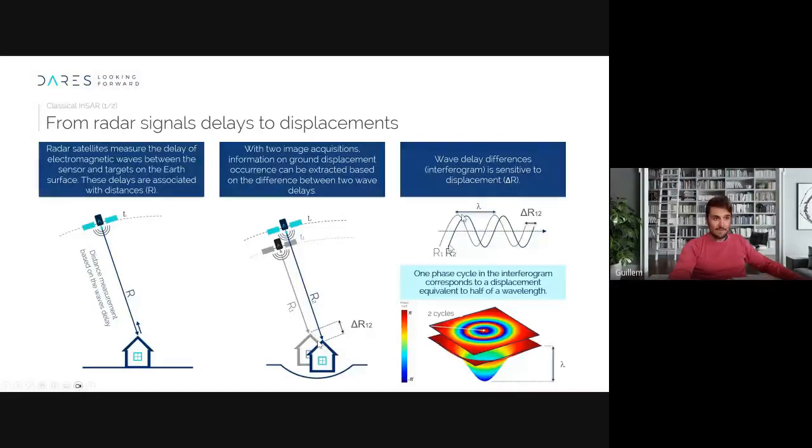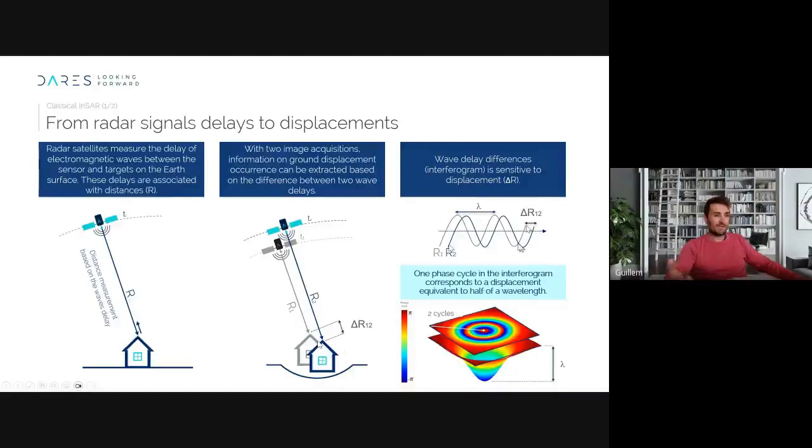So I will have a shift in the phase, and this is the displacement that I can get. How much is this displacement? So this displacement goes from pi to minus pi, so 2 pi, so 360 degrees.